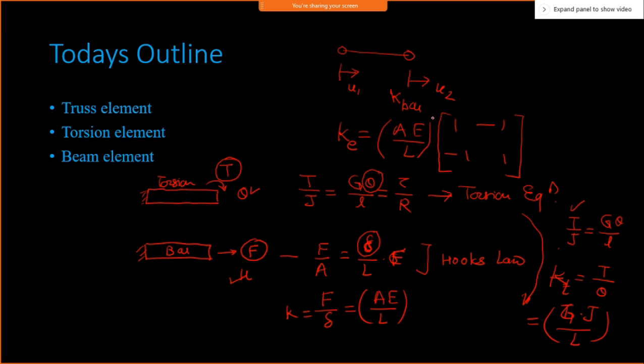So I can replace this part of the equation by GJ by L, and then it becomes the torsion stiffness, and here it is the bar stiffness. In the same way we can have different elements, but the rest of the matrix remains the same. That is what we can think of in a 1D analysis.